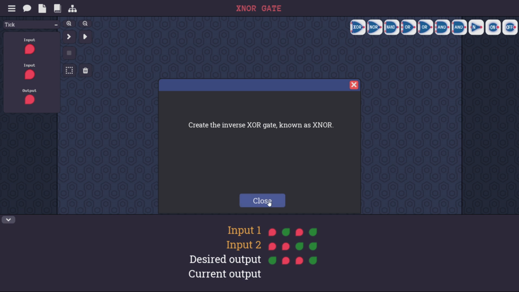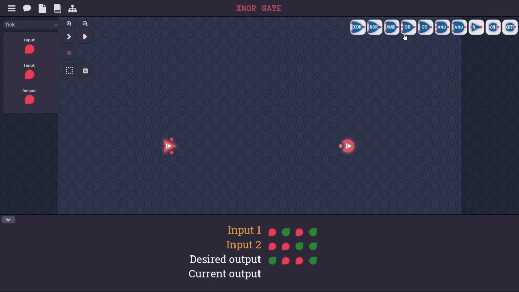And I'm curious, if we have an XOR and invert it, do we get an XNOR? Yeah, I'm really curious. Let's try to invert.